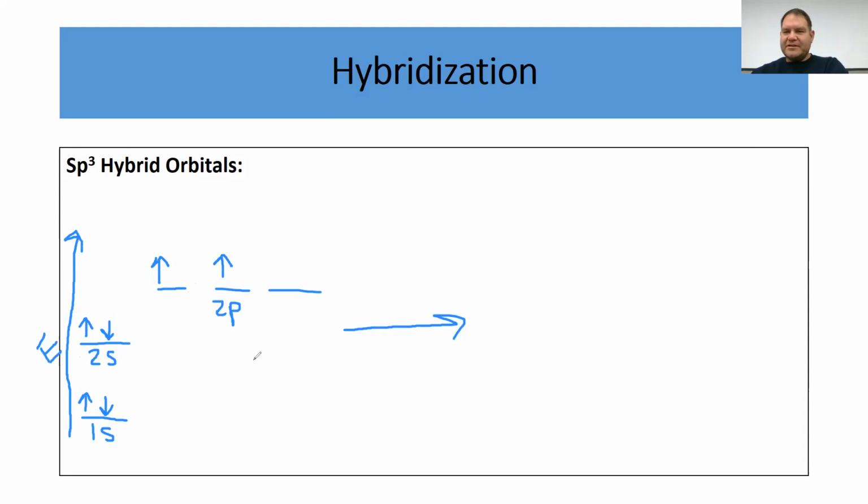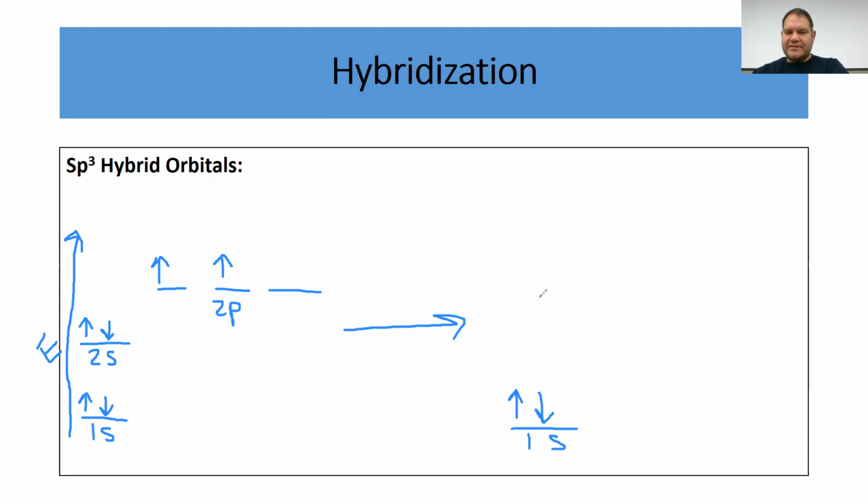Now, to form these hybrid orbitals, we are going to take our 2s and all of the 2p orbitals, and we're going to mix them together. And as a result, you still have your 1s subshell, which is full.